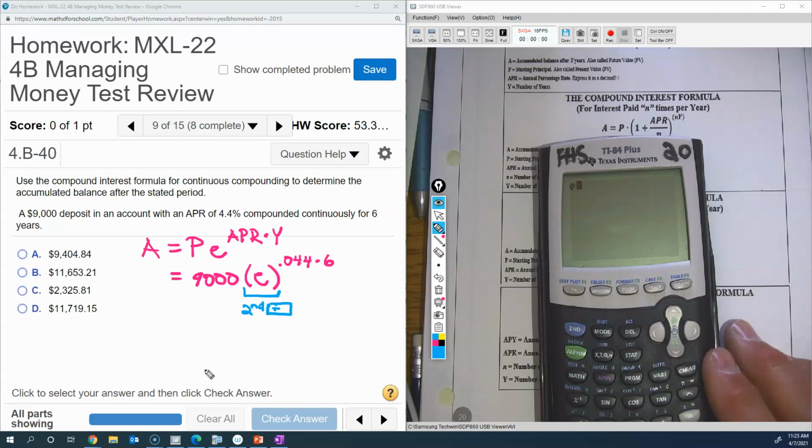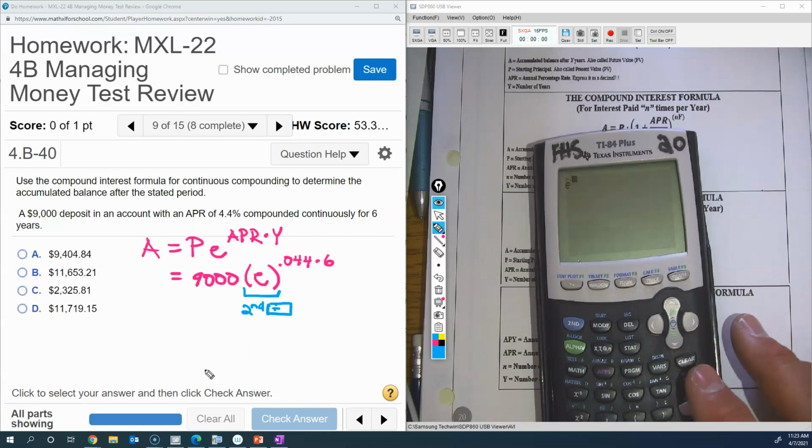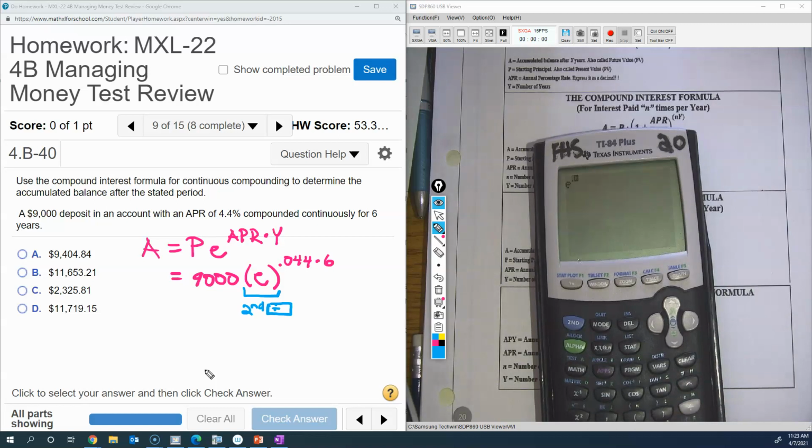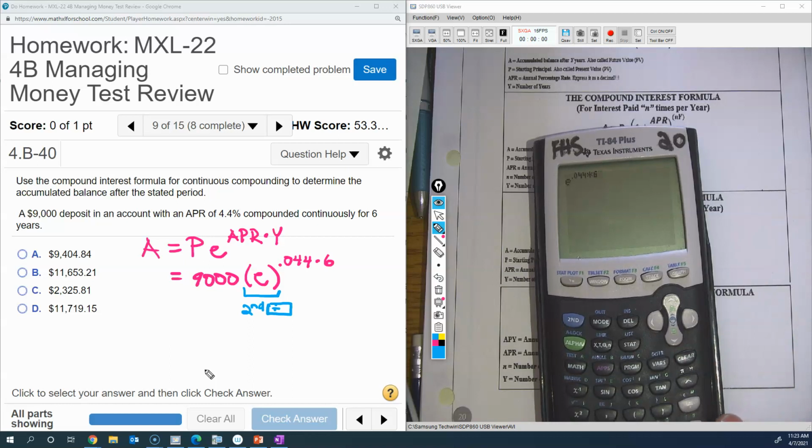Okay, now I'm going to do my exponent, power 0.044 times 6. And now multiply that by 9 grand.